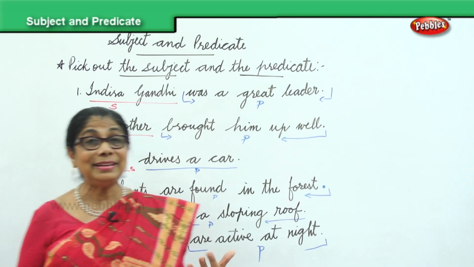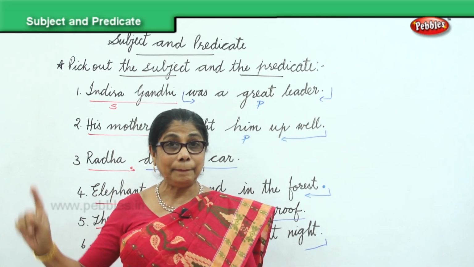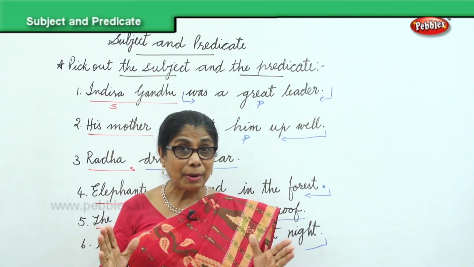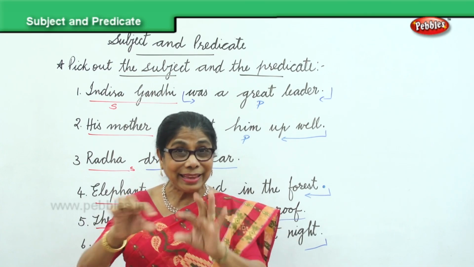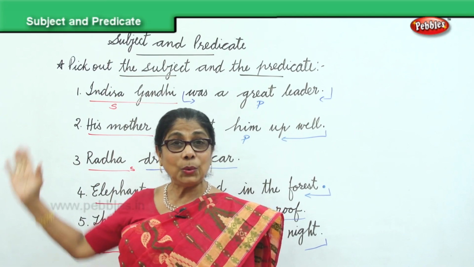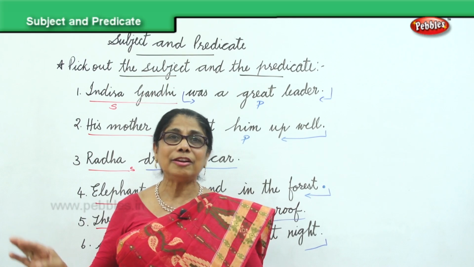So now we have learned a sentence has two parts, a subject and a predicate. Begins with the capital letter, ends with the full stop. So now, what are we talking about in the sentence? What is the main part? That's the subject. So today we learned, doing this exercise, to segregate the subject from the predicate.